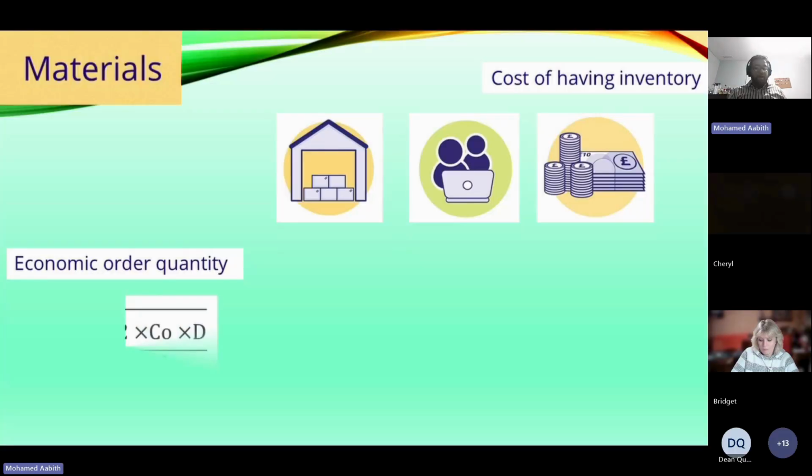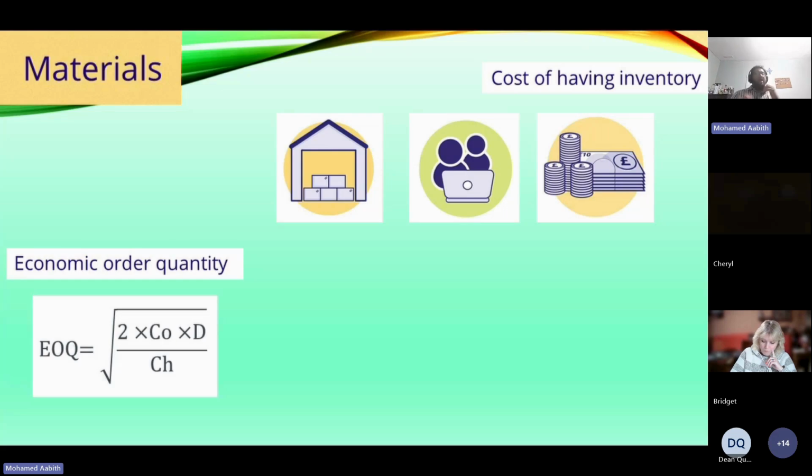The formula is this: EOQ is equal to the square root of 2 times cost of ordering multiplied by demand, divided by cost of holding for one single item of inventory.